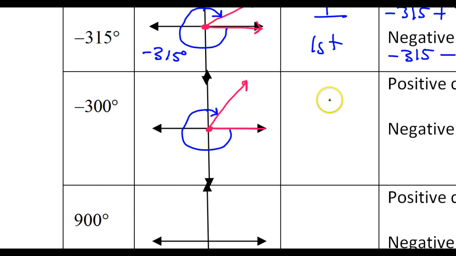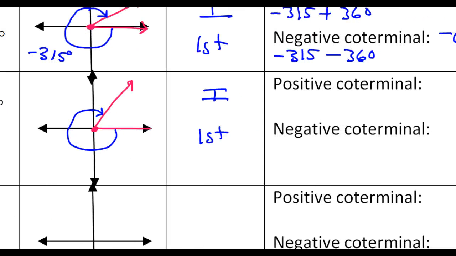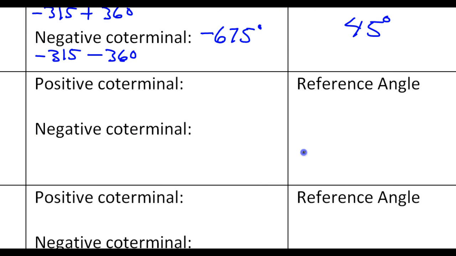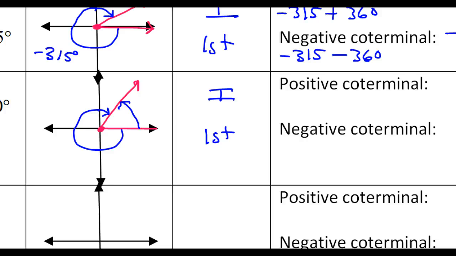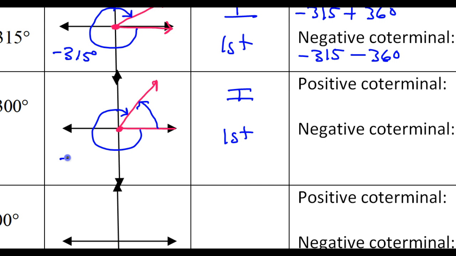Okay, so here I am again in the first quadrant. Now, the positive coterminal angle, well, a positive coterminal angle would be like what's happening right here. That's the same thing as the reference angle, so we're sort of killing two birds with one stone. If this is negative 300, how much further would I have had to go to do a full 360?